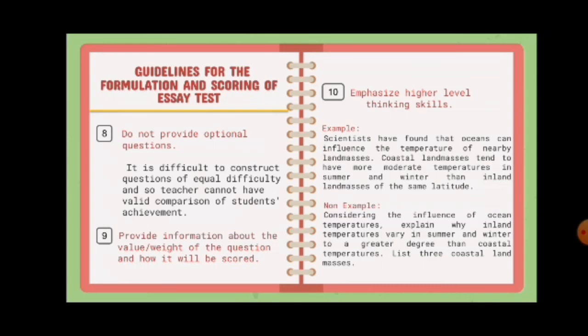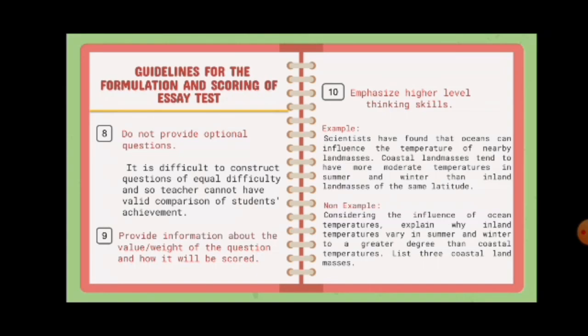Example: scientists have found the ocean can influence the temperature of nearby land masses. Coastal land masses tend to have more moderate temperatures in summer and winter than inland land masses of the same latitude. Consider the influence of ocean temperatures.